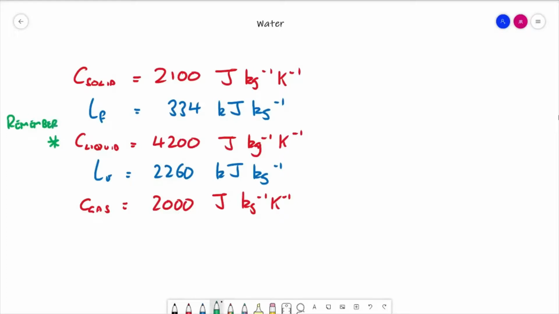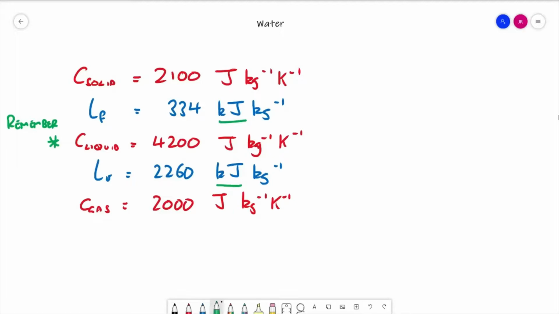Now, knowing full well that it's really boring just to see me put a load of numbers on the screen, there is obviously a point to me doing this. We can see, at least from the specific heat capacity point of view, we're dealing with the same kind of order of magnitude. We're dealing with joules per kilogram per Kelvin, and obviously it is in the thousands there, but we get the point. What we see though from the latent heat is that suddenly we're dealing with kilojoules.